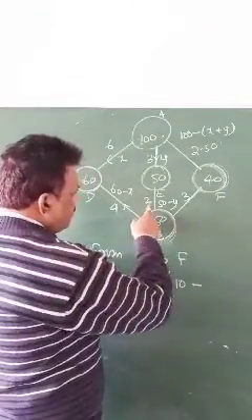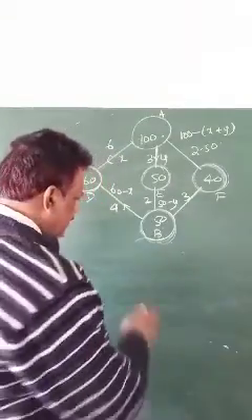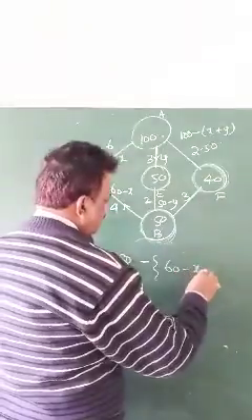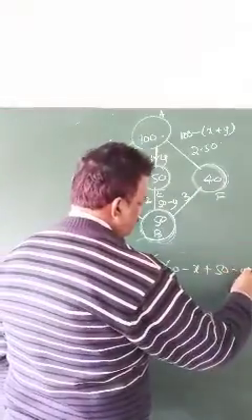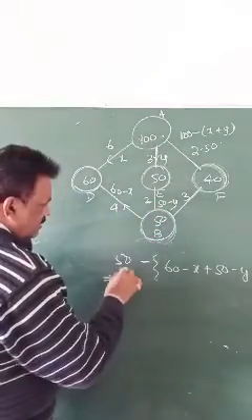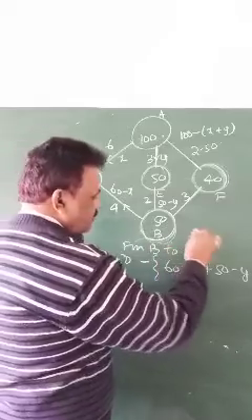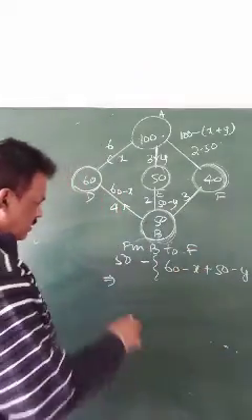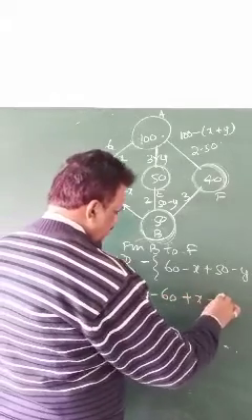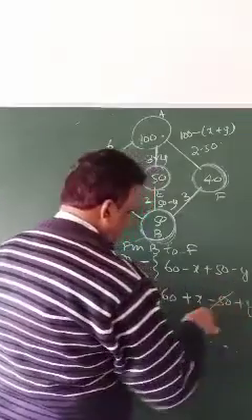Oh, the mistake was here. It was correct, sorry. 50 minus (60 minus x) minus (50 minus y) is greater than 0. This was from B to F. So 50 minus 60 plus x minus 50 plus y. I was forgetting this one. 50 cancelled.